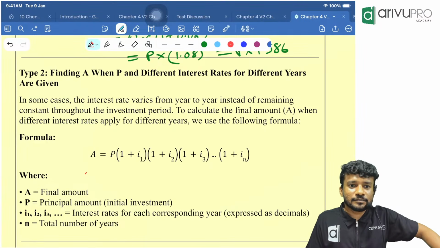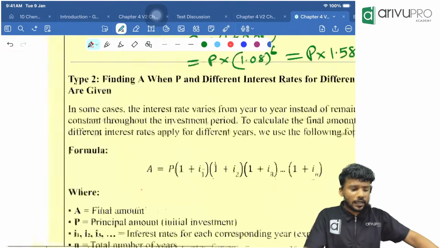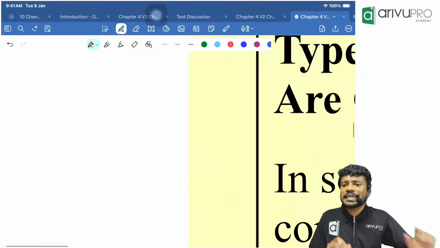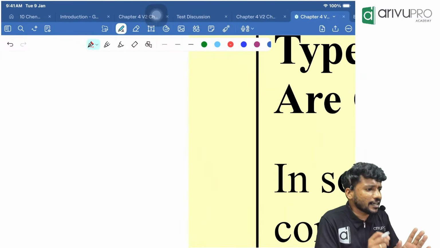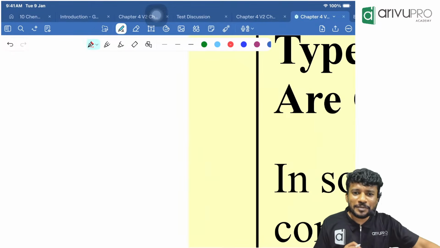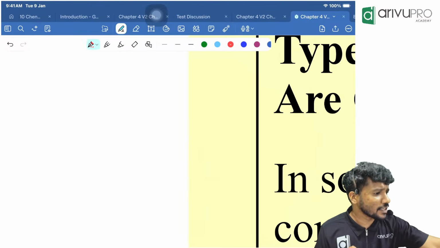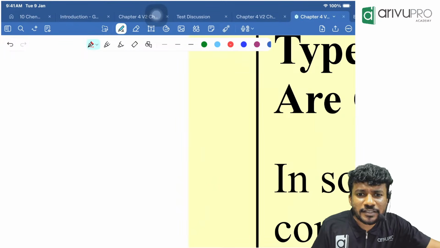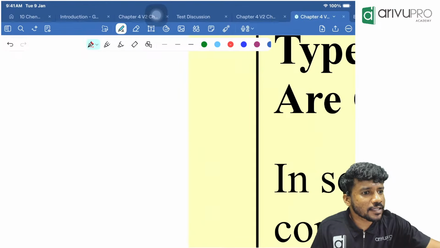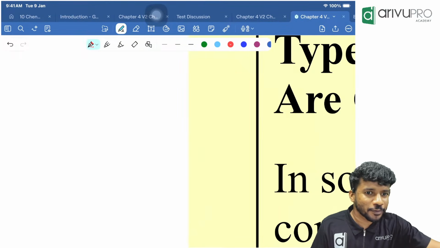Next question. Till now, we were saying that every year some interest rate was getting added. I was saying 10% plus 10%, 10% plus 10%, etc. What if for the first year it is 10%, second year it is 9%? What will you do?